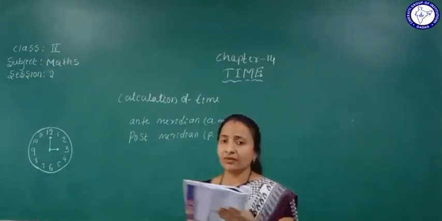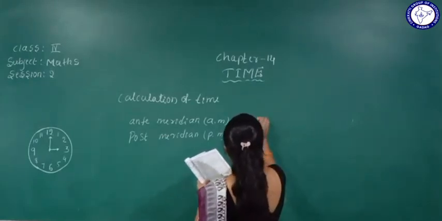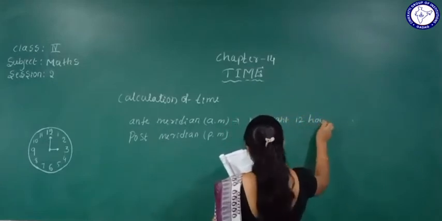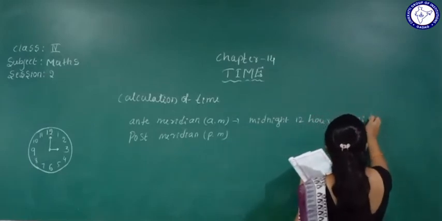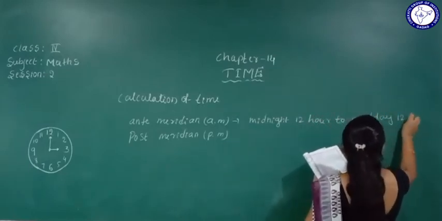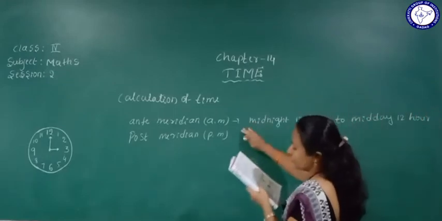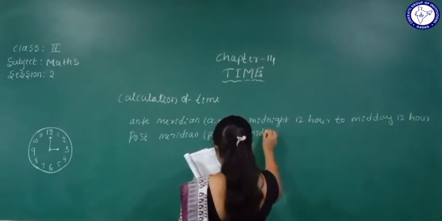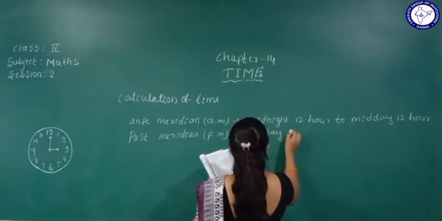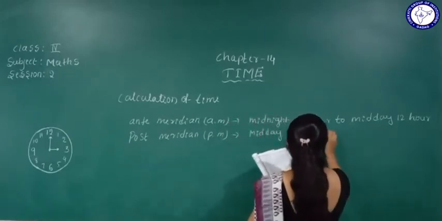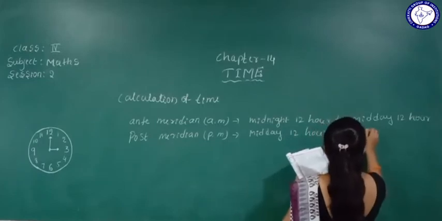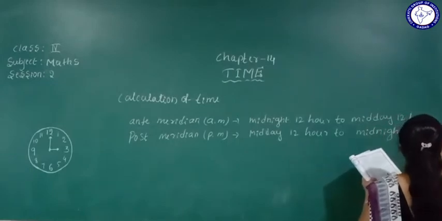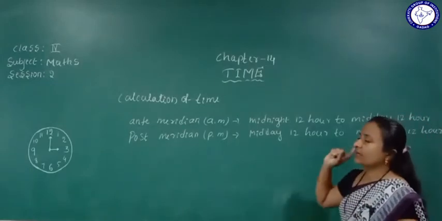The time between midnight 12 hours to midday 12 hours, we can call antemeridian.